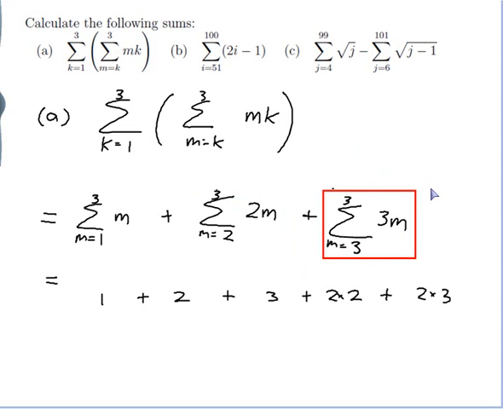And now the third one is the sum from m equals 3 to 3 of 3m. So we have m equals 3, and that's the only option. So we put 3 into the formula, and we get, well, we can fit that in over here, plus 3 times 3.